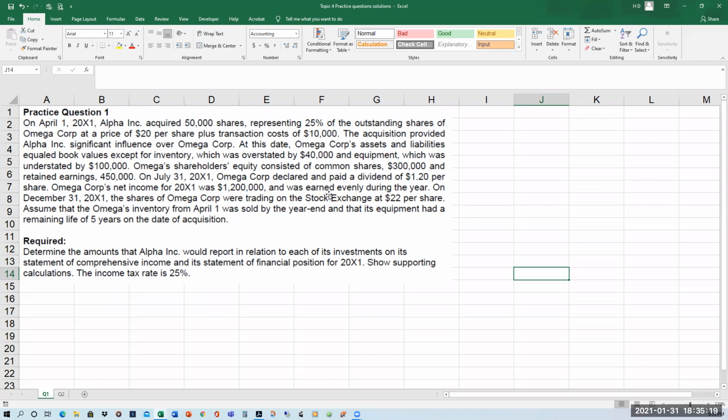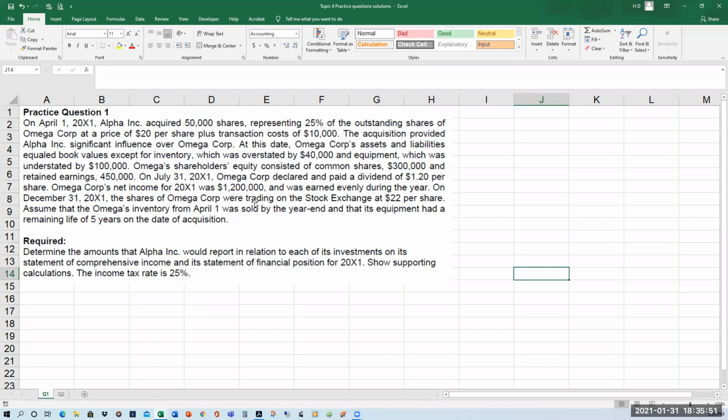That's important because Alpha got significant influence on the 1st of April, so the equity method kicks in starting the 1st of April. For year one, Alpha will only be able to claim 9 months, April 1st to December 31st, of Omega's net income, 25% of that number as its investment income.